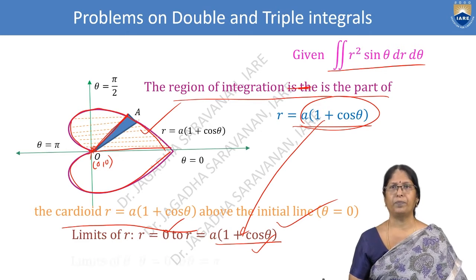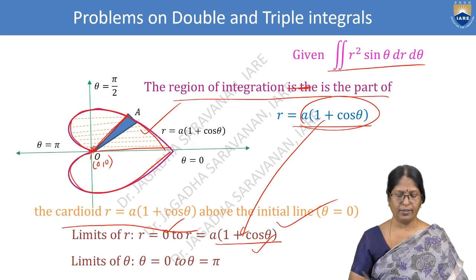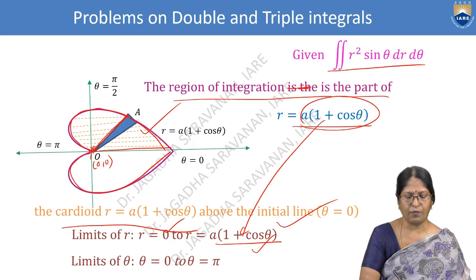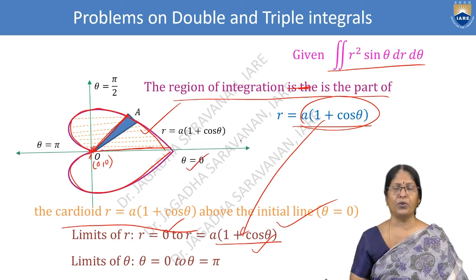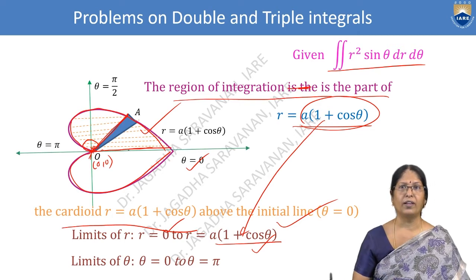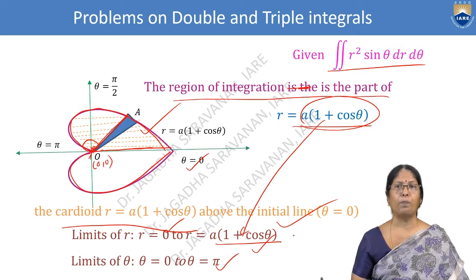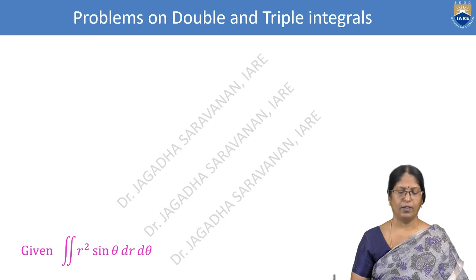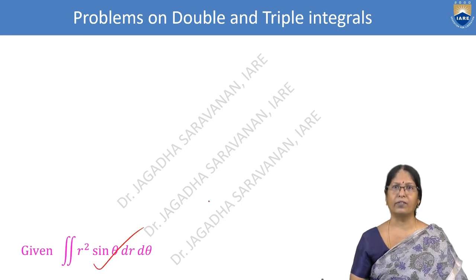Coming to the angle theta, from here it is theta equal to 0. From here the angle moves to pi by 2, and again it moves to touch the initial line, that is theta equal to pi. So our angle goes from 0 to pi. This is our given question.